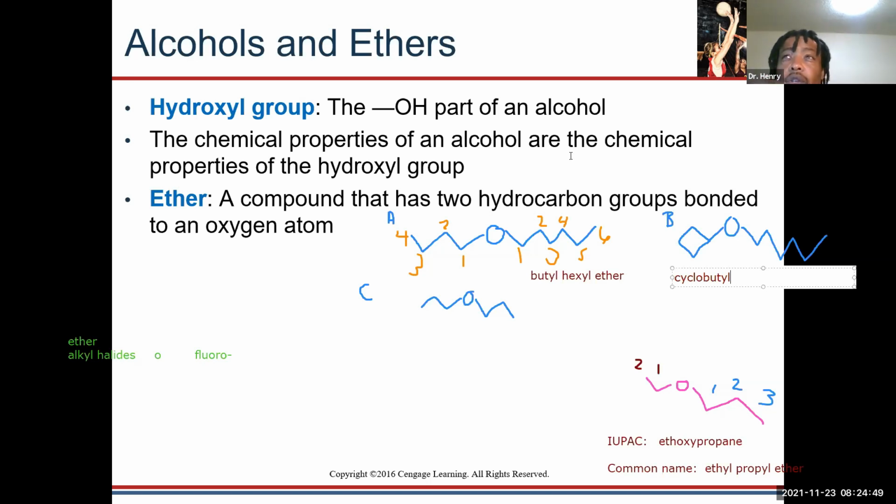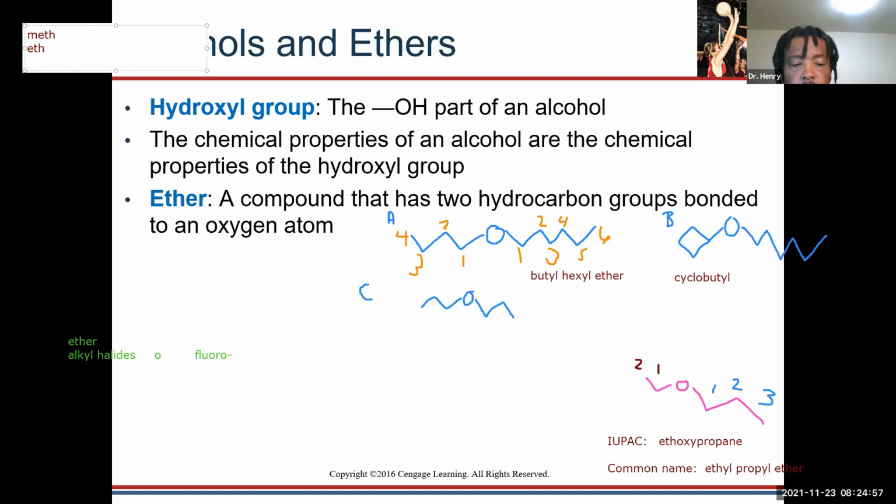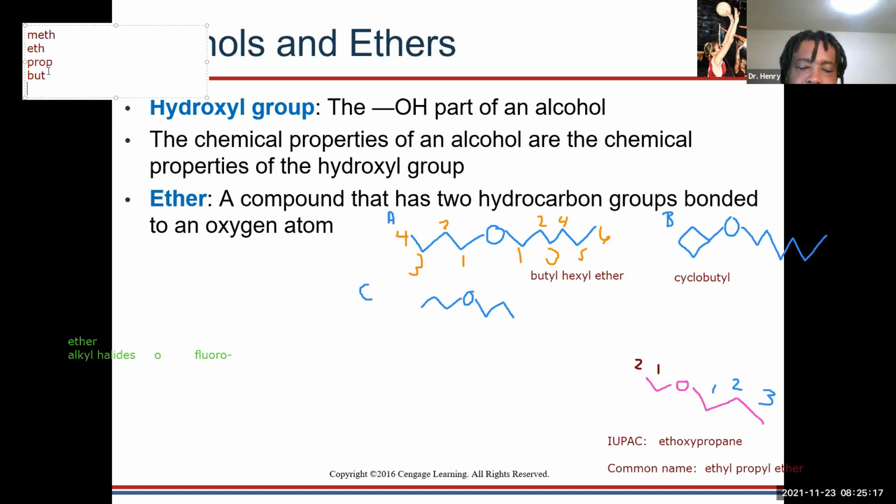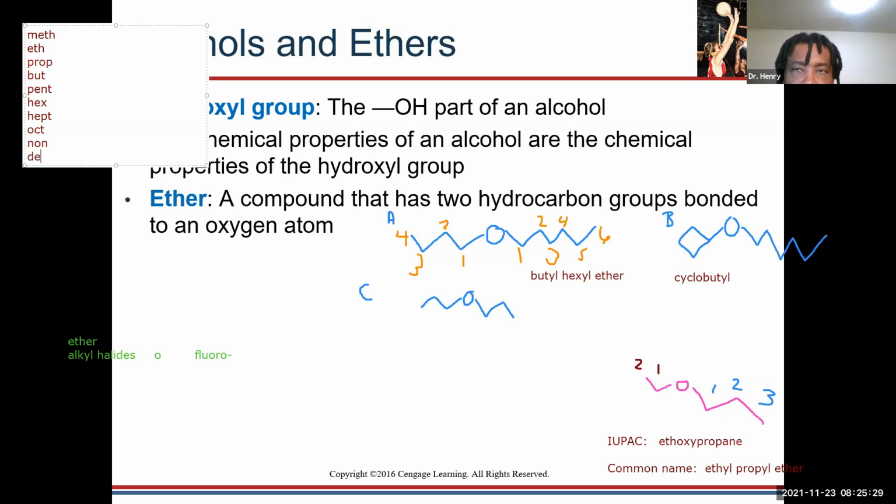When you're talking about the carbon chain, you always use, and I'll put this on the board again, meth for 1, eth for 2, prop for 3, but for 4, pent for 5, hex for 6, hept for 7, oct for 8, non for 9, dec for 10, undec for 11, dodec for 12, and tridec for 13.